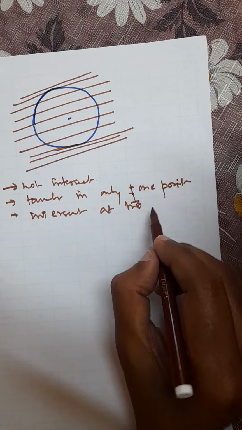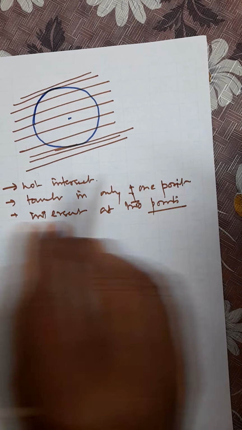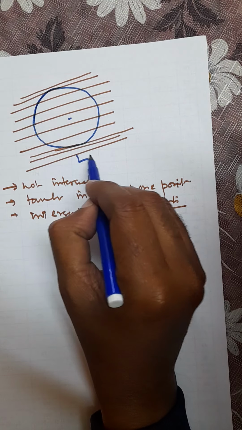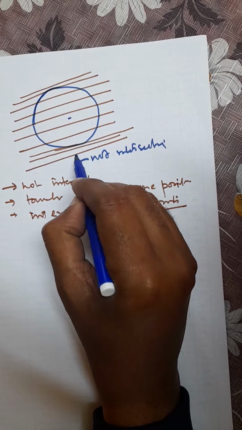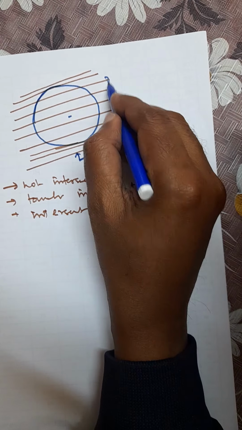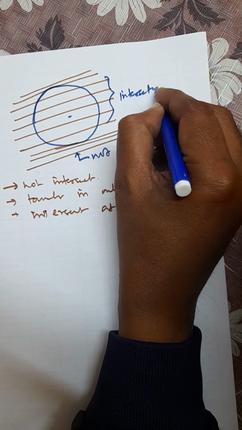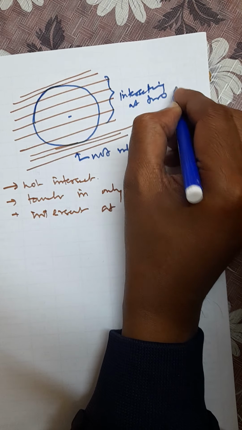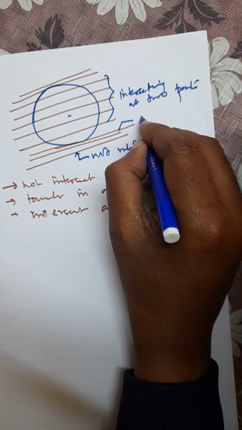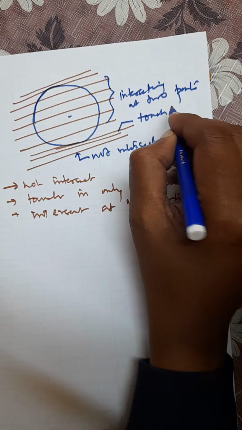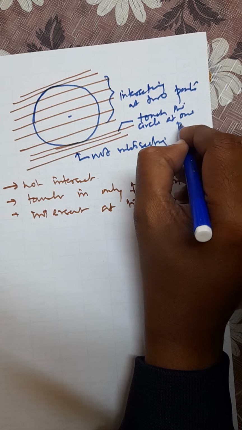See, these three situations we are getting. These lines are not intersecting. These are intersecting at 2 points. This line just touches the circle at one point.